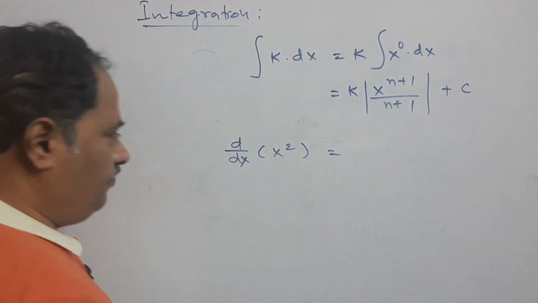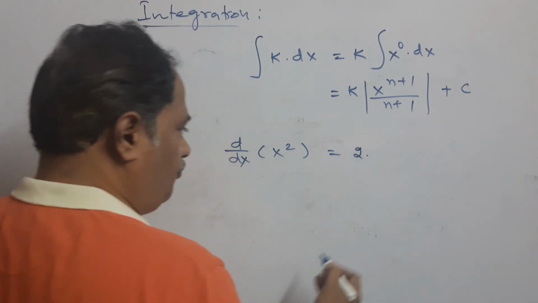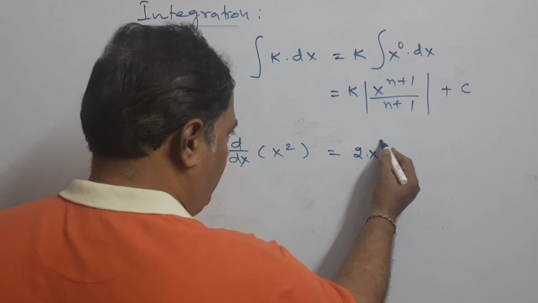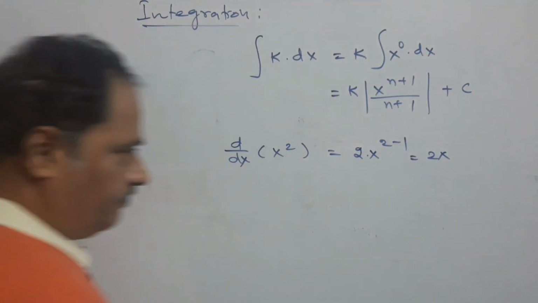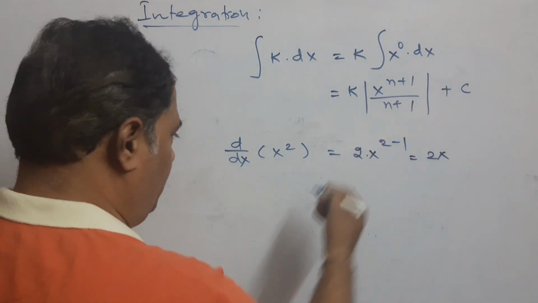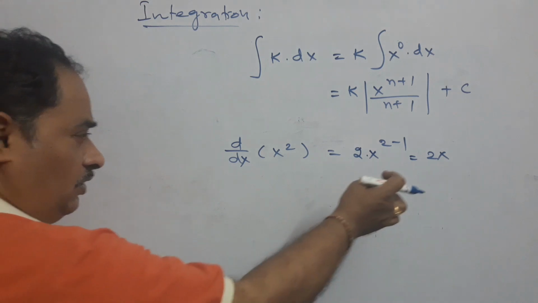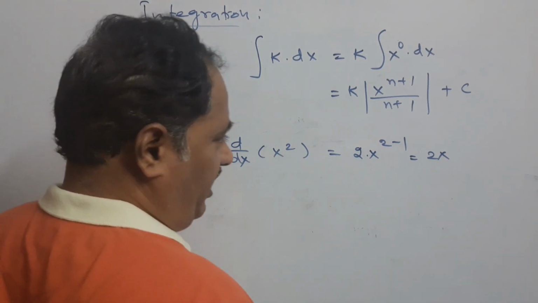What does it mean? It is in the form of x power n. You can write 2 into x power 2 minus 1. Hence you are able to get 2x. After that you can write 2x dx.